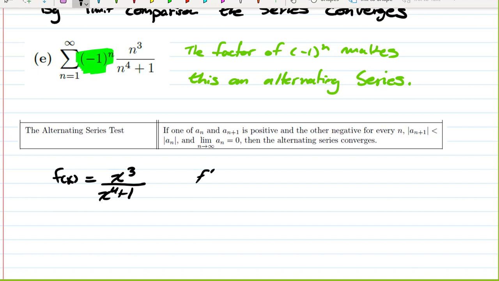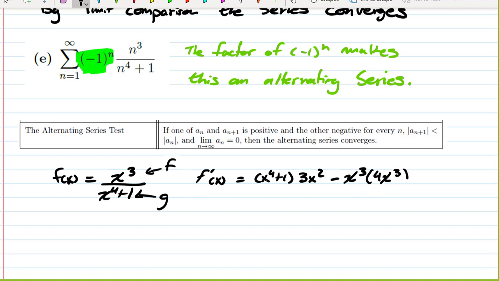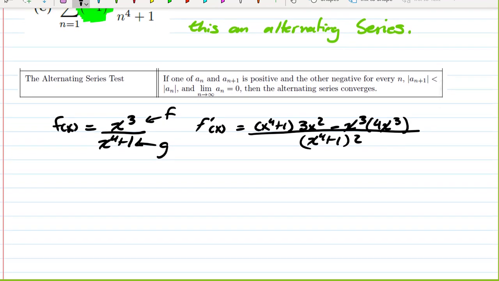If we take the derivative, f prime of x is going to be, here's my f, here's my g, so it's g f prime: x to the fourth plus 1 times f prime, which is 3x squared, minus x cubed, so f g prime, times 4x cubed, all over x to the fourth plus 1 squared.